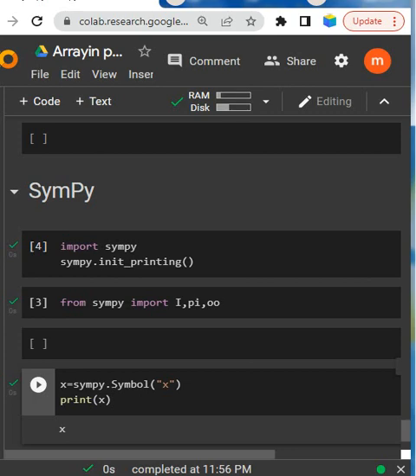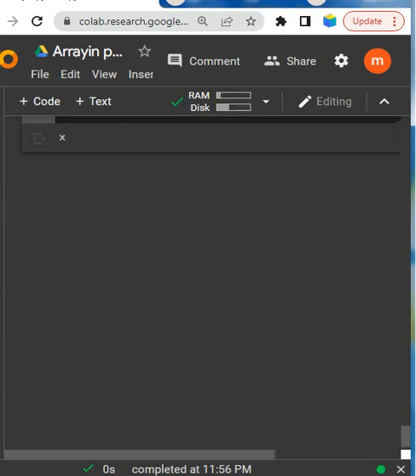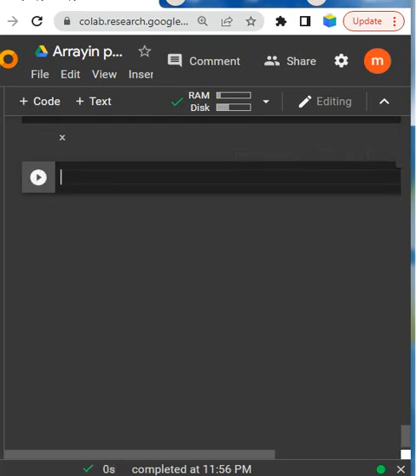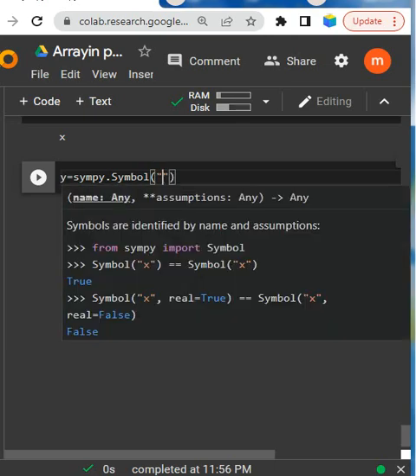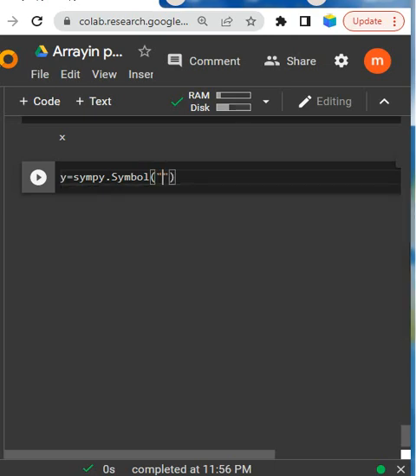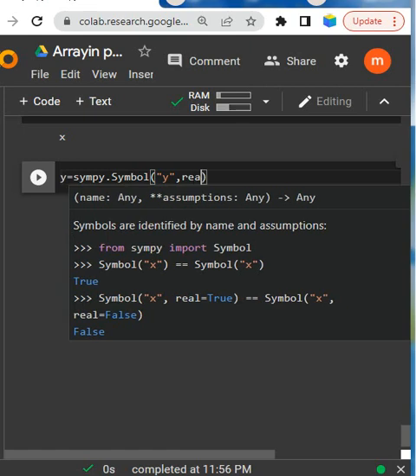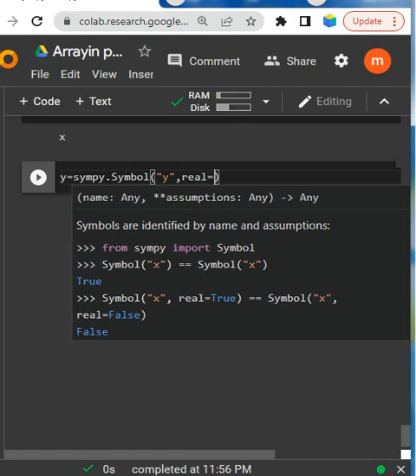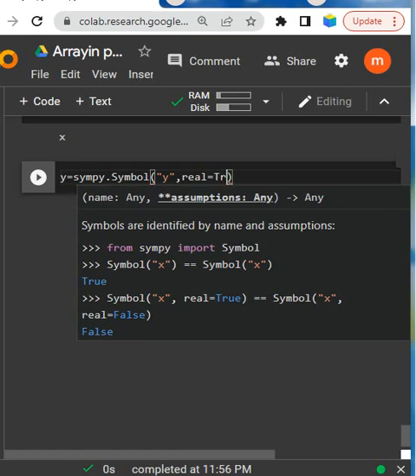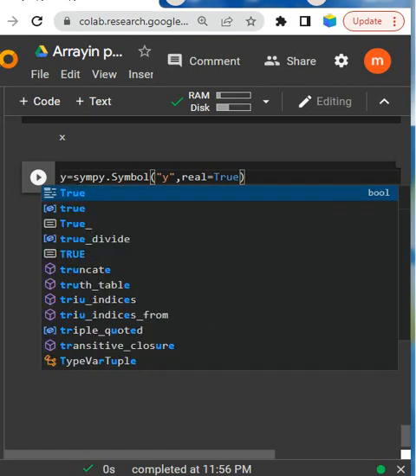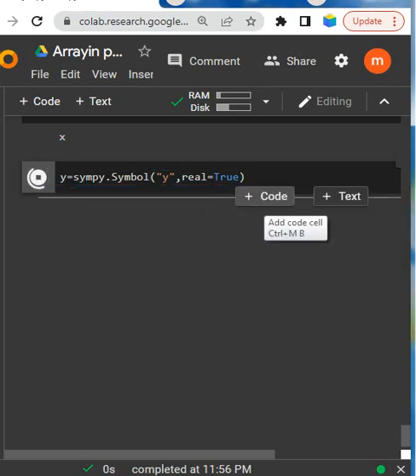Now similarly, I am going to write another: y equals sympy.Symbol with the name y and real equals True. So y is real.